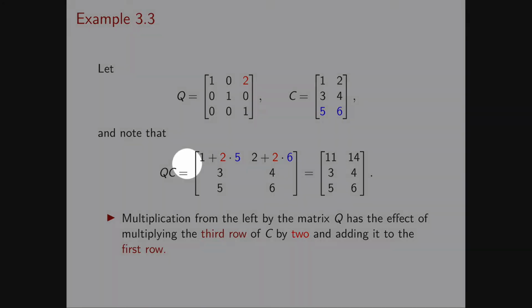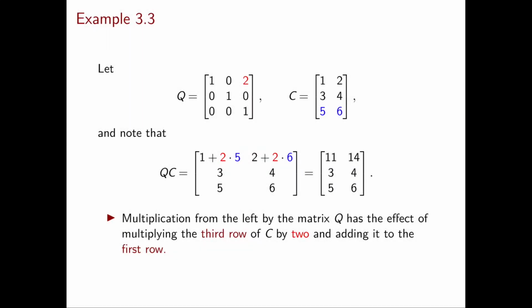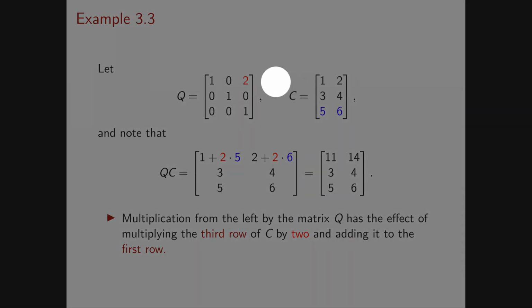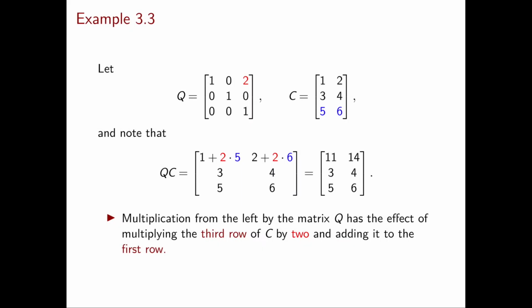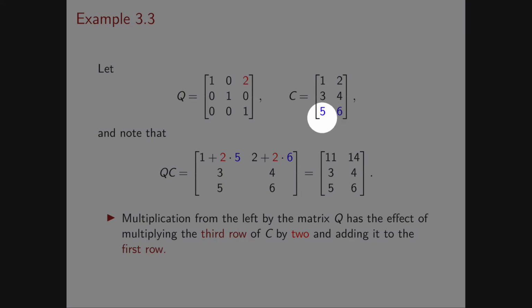So to summarize, the first row of QC is equal to the original first row of C, you see the 1 and 2 over here match the 1 and 2 over here, plus 2 times the coefficient here, 5 and 6, which correspond to the third row of C. So overall, multiplying the matrix C on the left by Q had the effect of multiplying the third row of C by 2 and adding it to the first row.